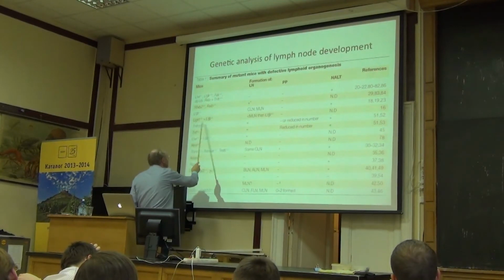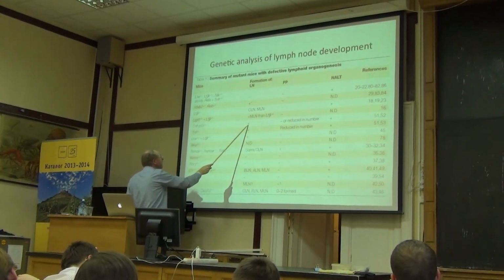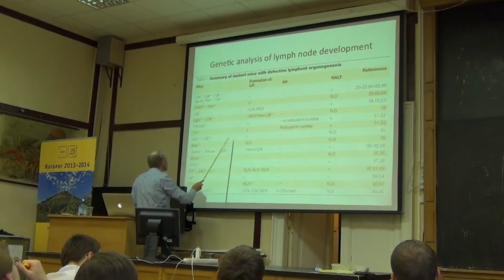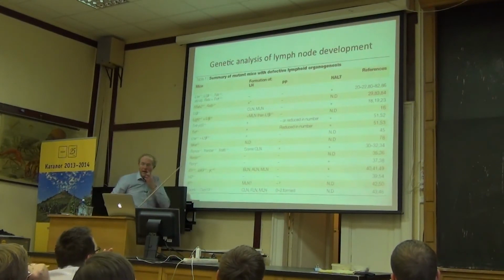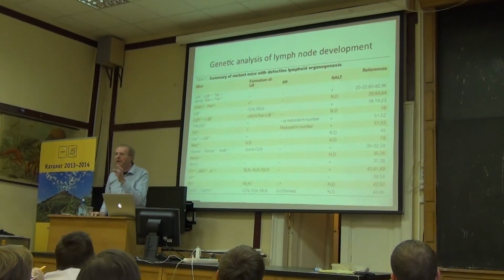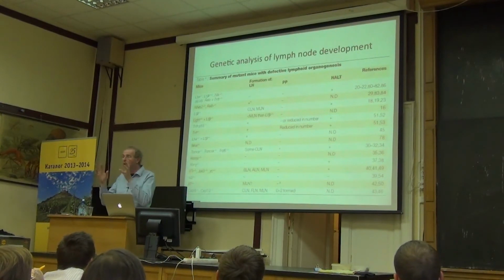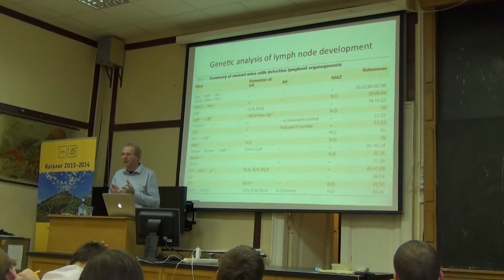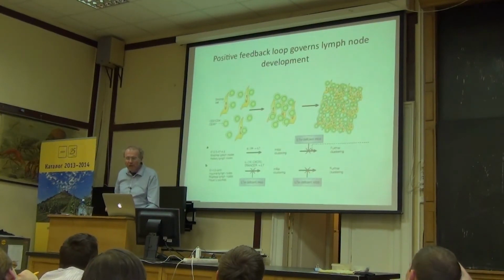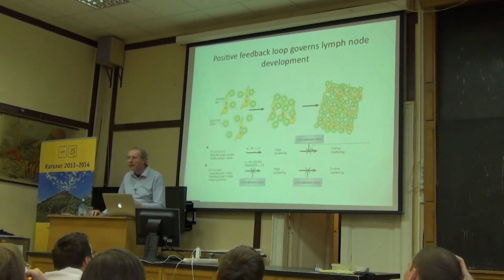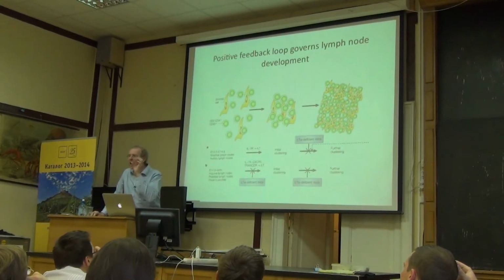Or you can do something here, you have this plus but nothing here, or reduced, or plus here and nothing here. That already indicates to you that the genetic requirements for these tissues are different, so they must be functionally different.